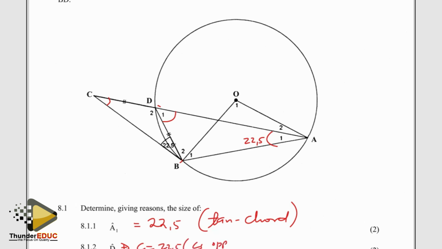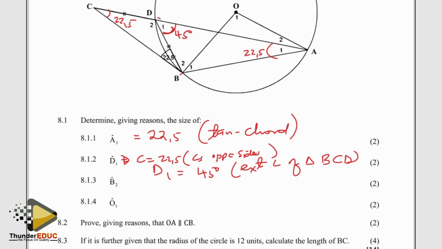Angles opposite equal sides. Which means that D1 is going to be a 45. That's going to be the exterior angle of triangle BCD. We're saying this is a 22,5, but this D1 is an exterior angle, which must be the sum of these two. Okay, that's a 45. Then they want us to get B2.